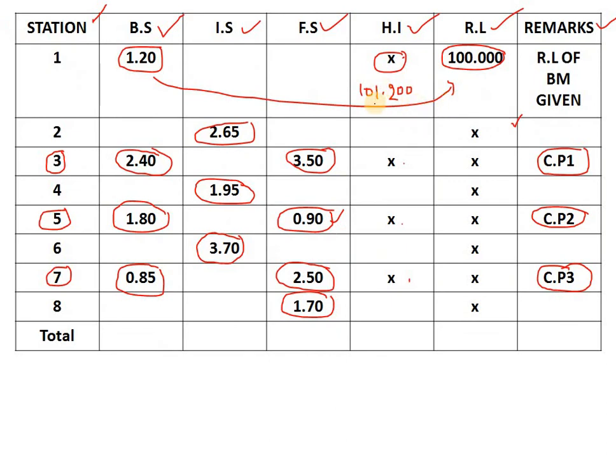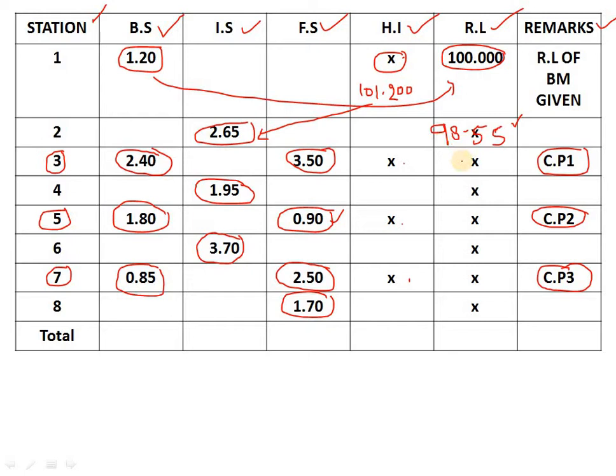So from the HI we have to do the minus: 101.200, HI of station 1, minus IS of station 2, then we get the answer 98.55. So write it here, 98.55. This is the RL of station 2 we have got.